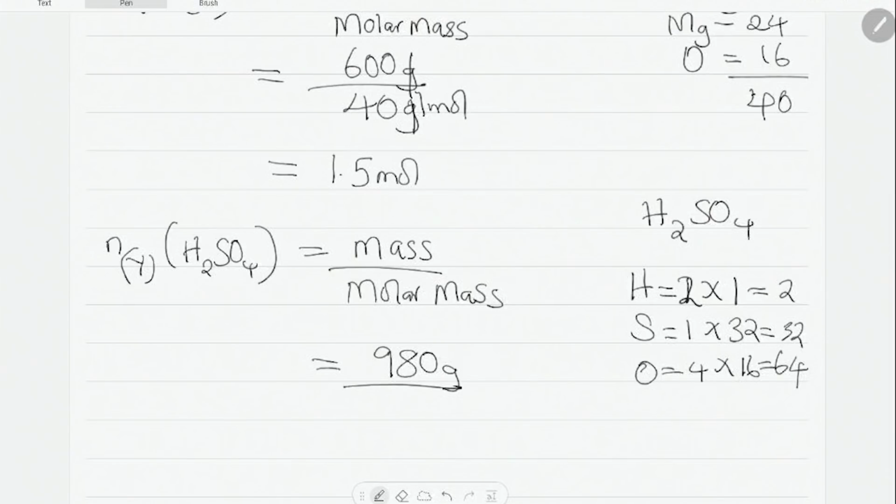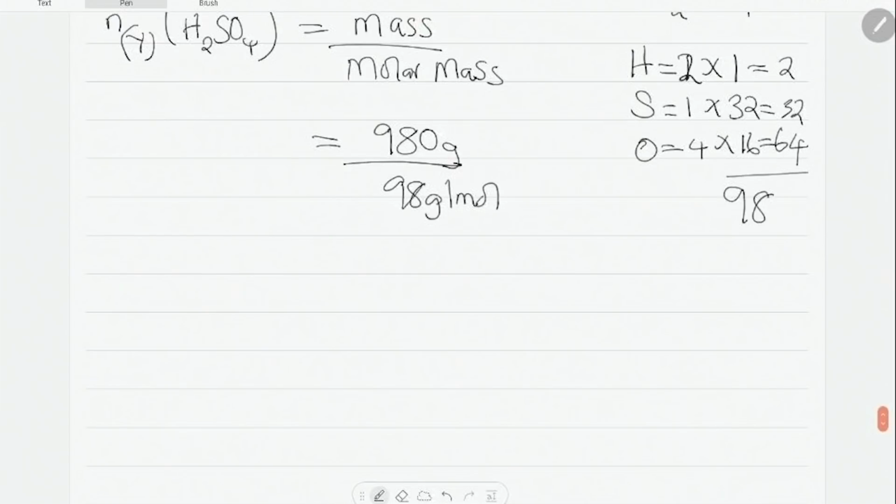Okay, so 64 plus 32 plus 2, it will give us 98. So 98 gram per mole. Then you divide that, so that will be 980 divided by 98, we will get 10.